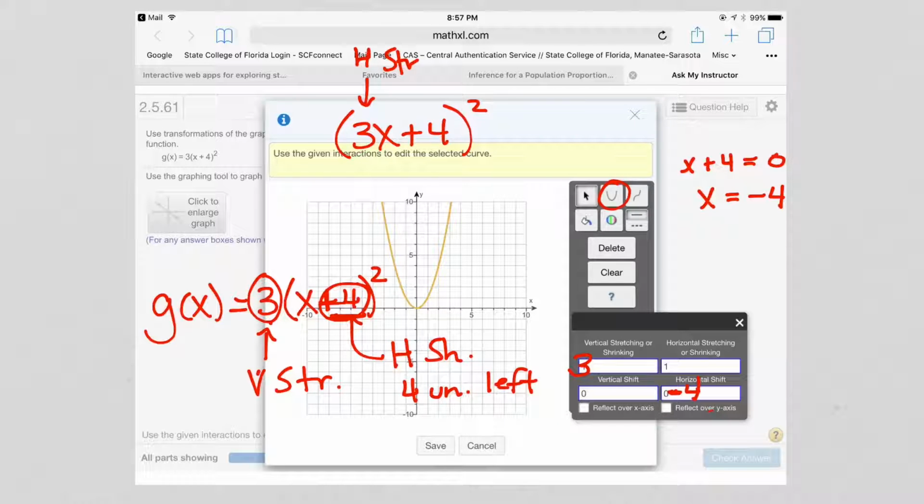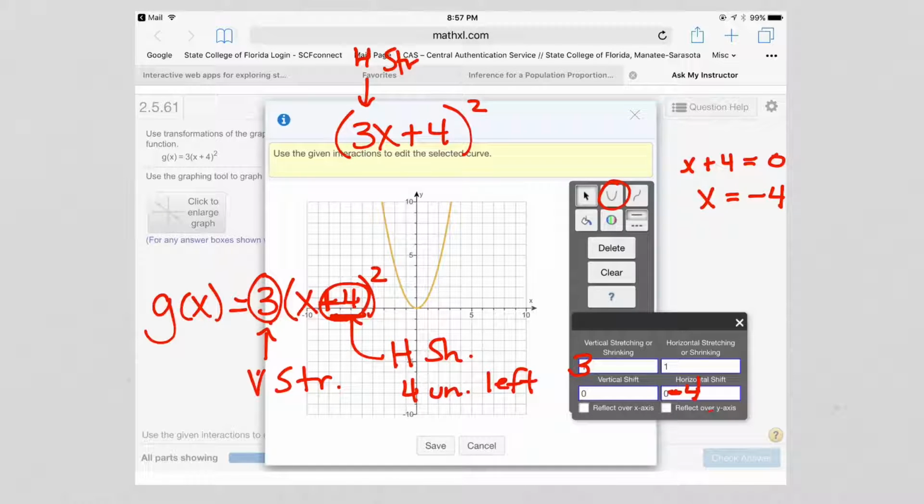It's a little tricky, and how are you supposed to know? I'm not really sure because there doesn't seem to be any kind of direction here. So what I did was I just tried the 4 and it moved the parabola over to here. And I said, oh no, that's not what I want. So then I changed it to a minus 4 and then it moved it where I wanted. So that's how that turned out.